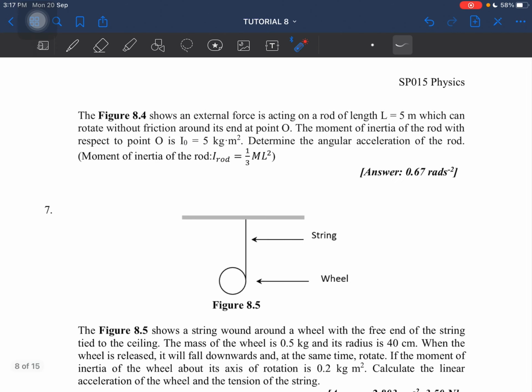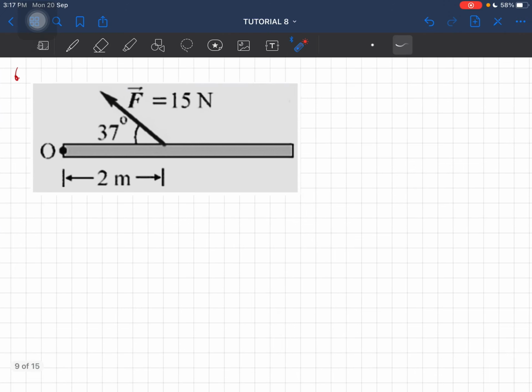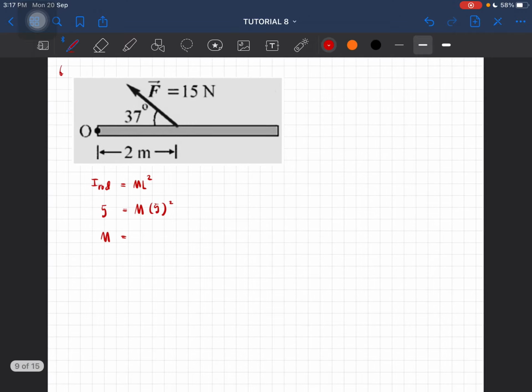So they have given the moment of inertia of the rod. In this case, we are first going to find the mass of the rod. The moment of inertia of the rod is (1/3)ml². At point O we already have 5. The mass of the rod is not given, so we have to find that value first. So the mass of the rod is equal to 0.6 kilogram.